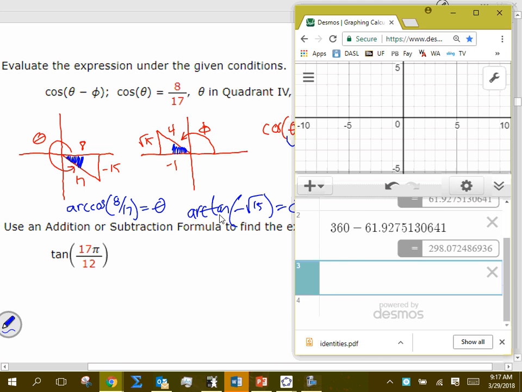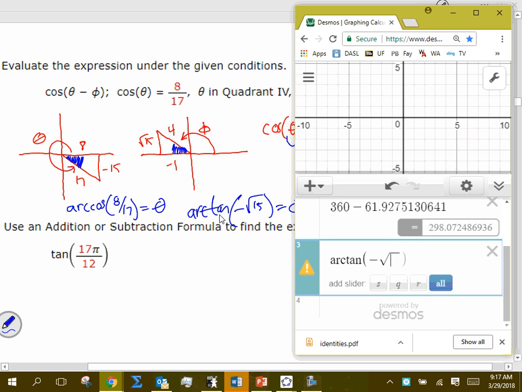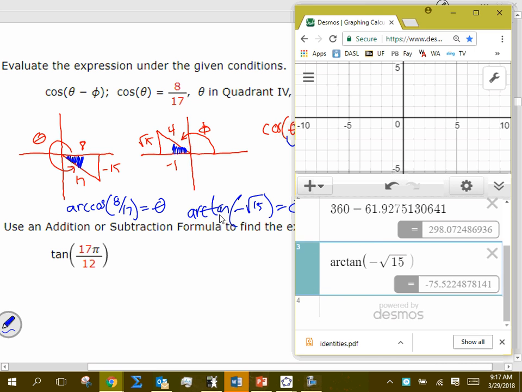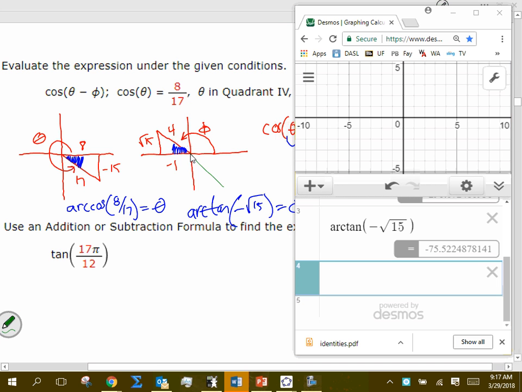Okay. Let's do arc tangent of negative square root of 15. See what that looks like. Negative 75. Is this angle phi, is that negative 75? No. The scale's not great here, but negative 75 should be that angle there.